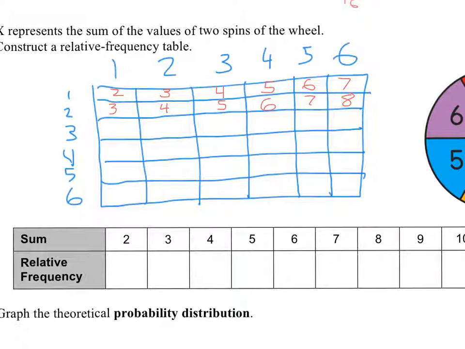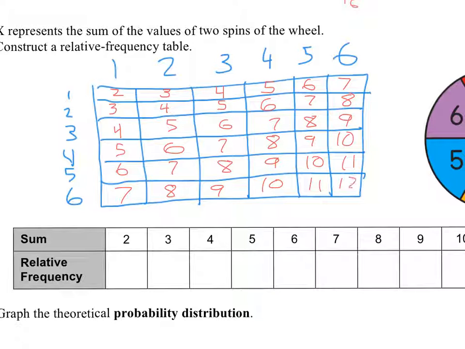And you'll notice an obvious pattern. Okay, so now we can figure out the probabilities for each of those totals.